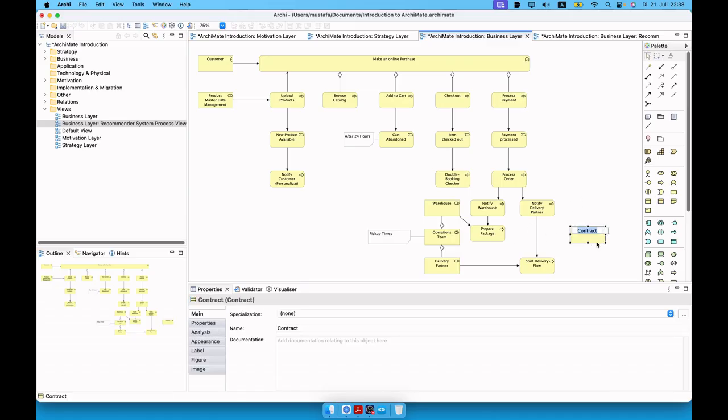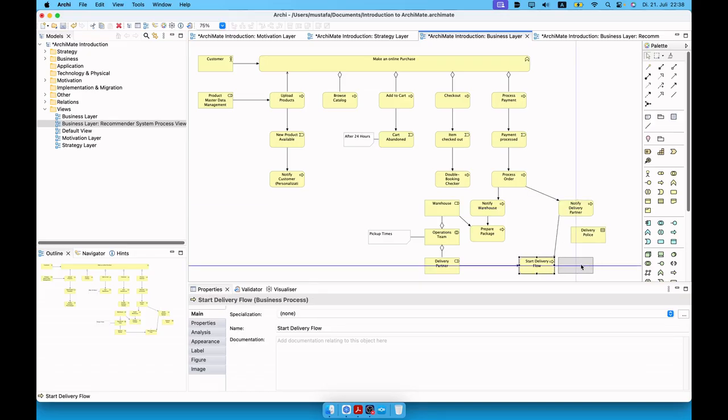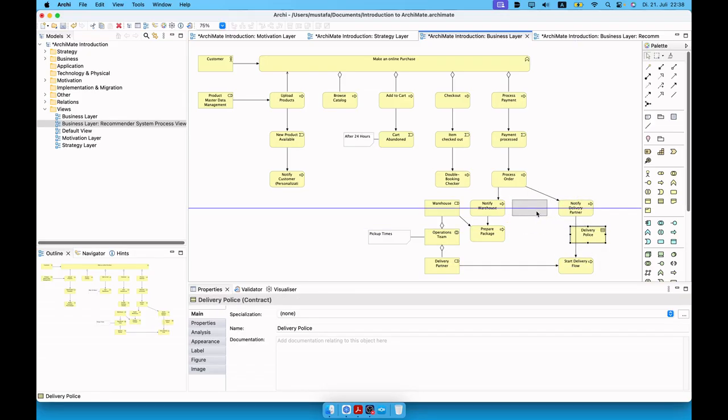This contractual relationship, the delivery policy, and this one is actually the connector between the delivery partner. Where are our delivery partners? Right here.